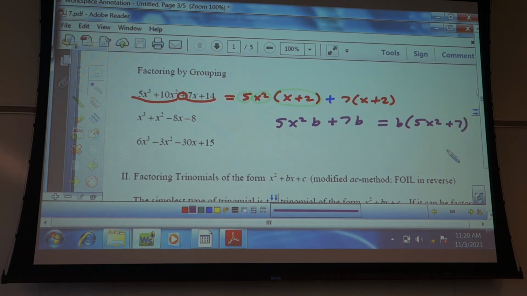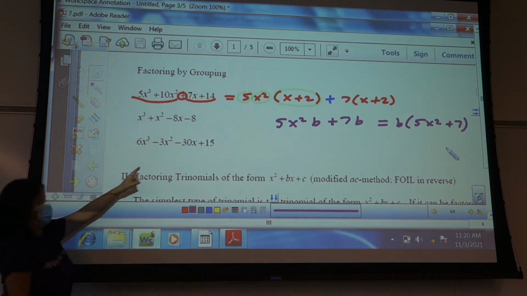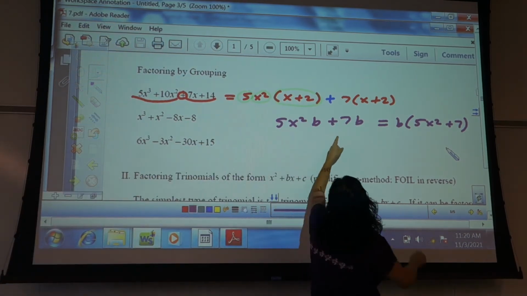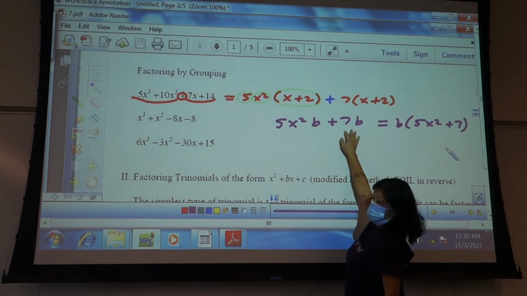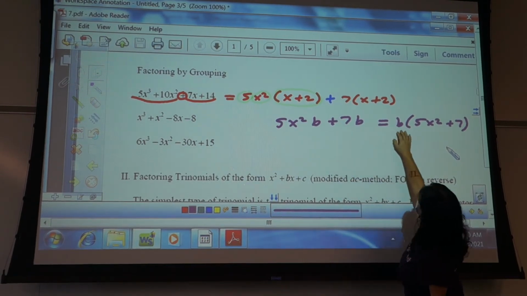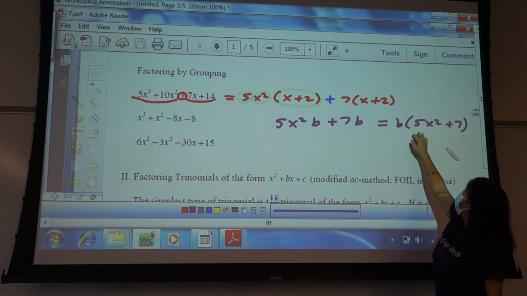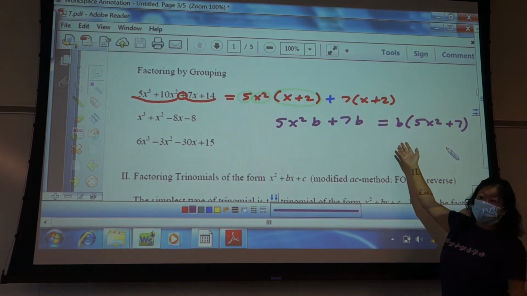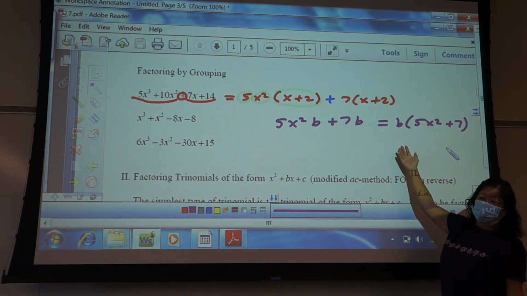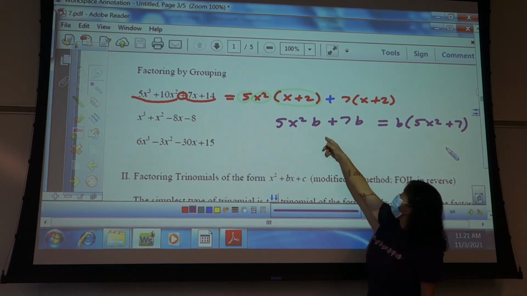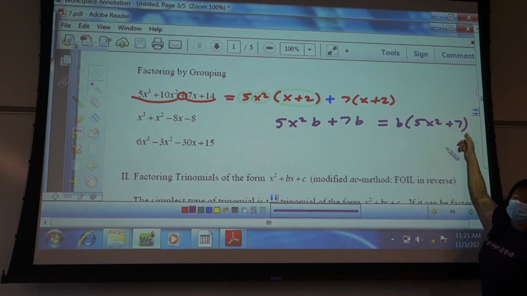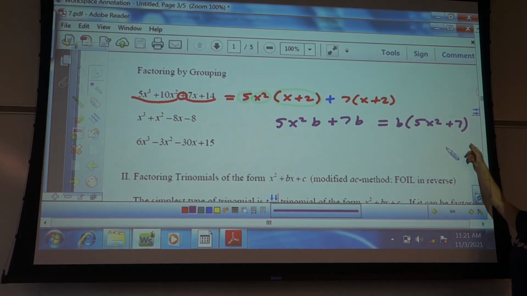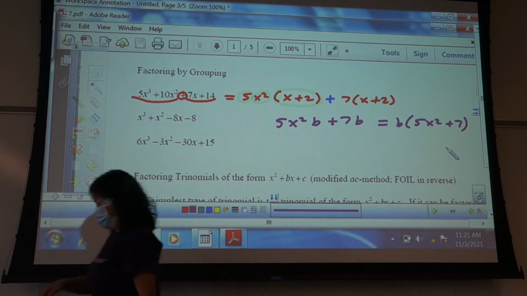Yes or no? If I had this, 5x squared b plus 7b, would people feel okay pulling the b out in front, factoring out the greatest common factor? That's what we did above.